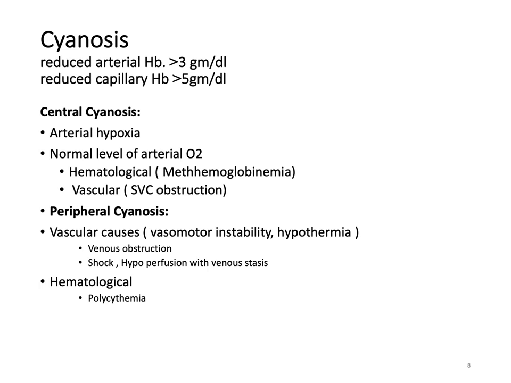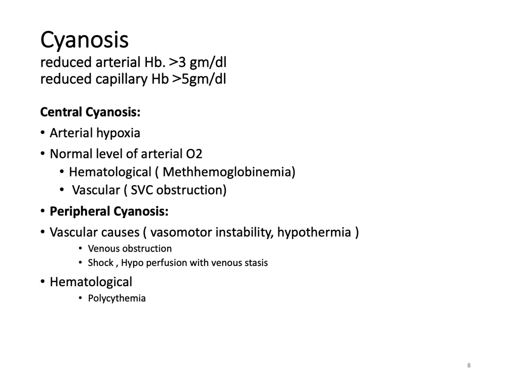And looking for cyanosis, the definition of cyanosis is reduced arterial hemoglobin of more than 3 grams per deciliter or capillary hemoglobin of more than 5 grams per deciliter. It could be either central cyanosis or peripheral.